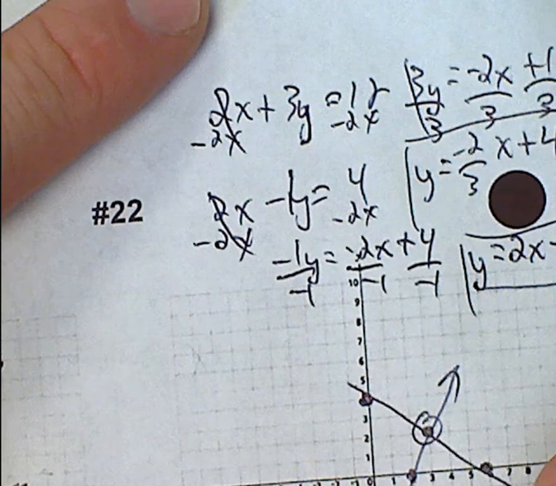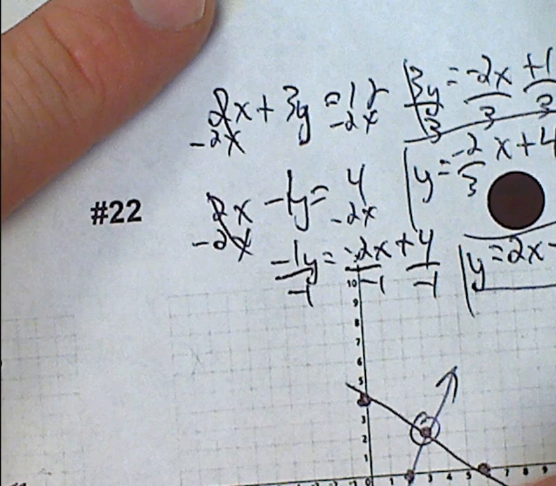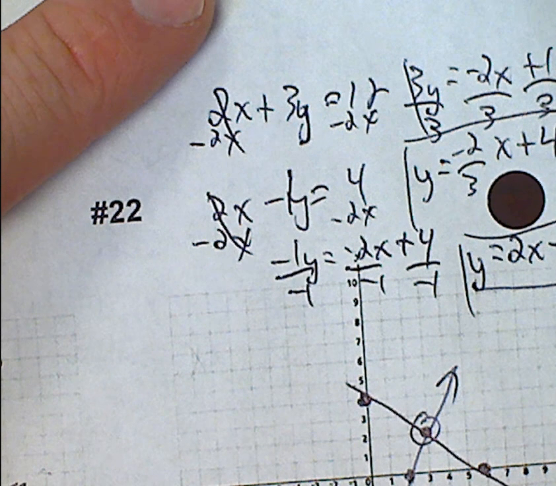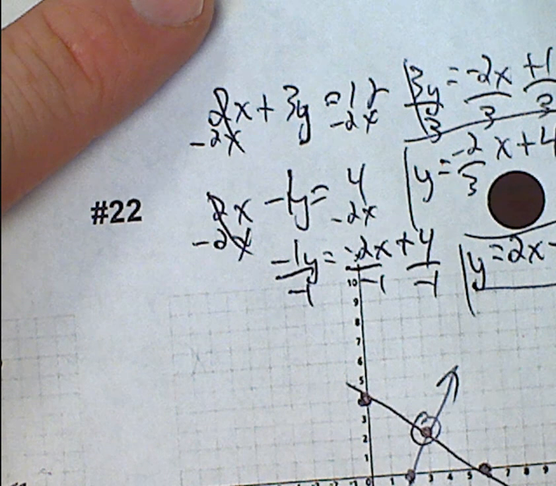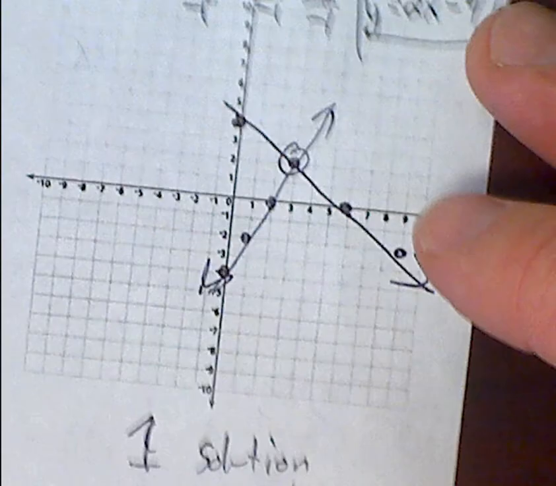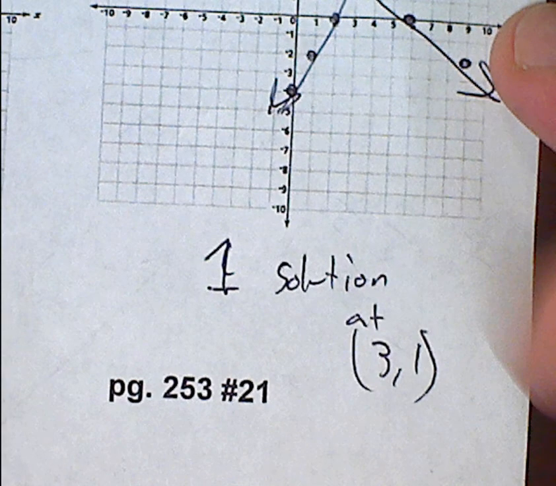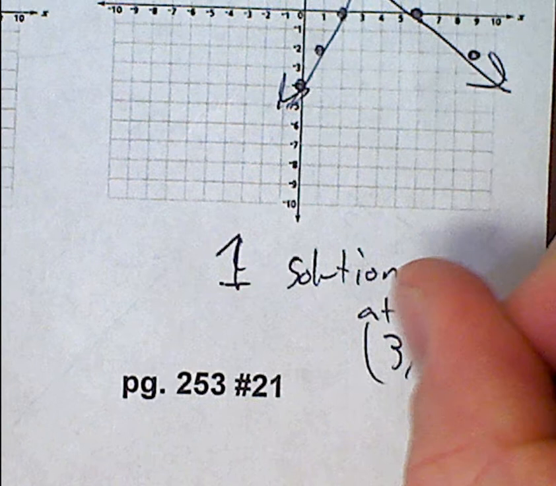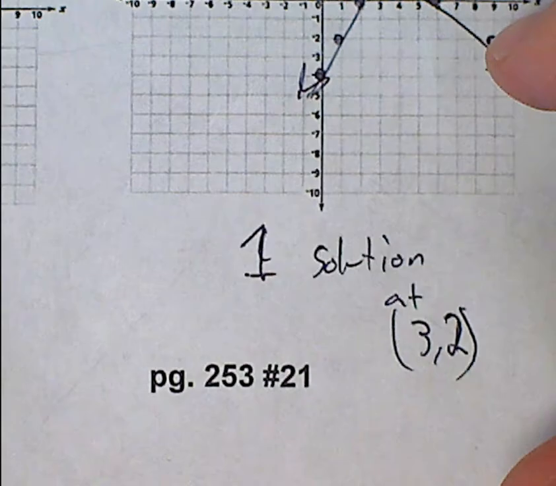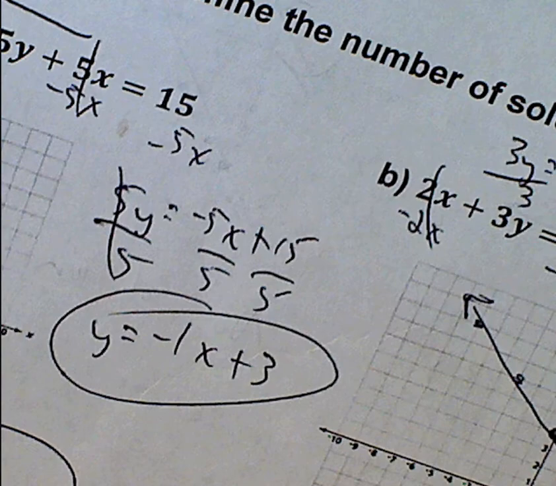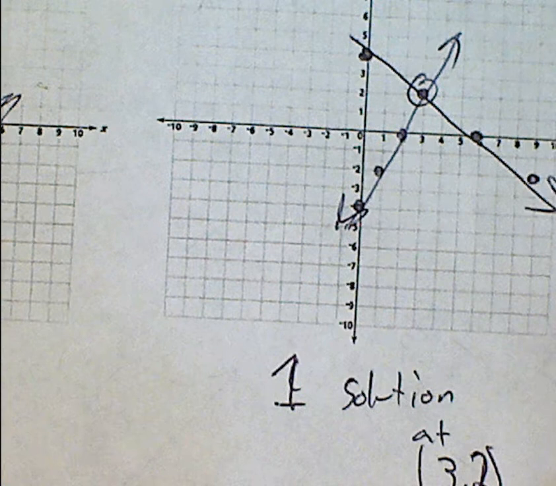So one solution at 3, 2. I believe this is the same as one that we already did in class. Well, we did it again, and that's what we ended up with.